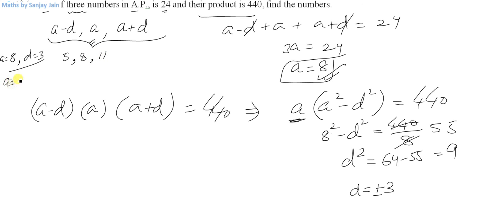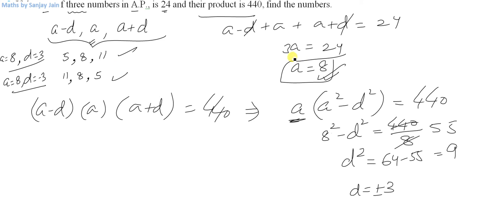If I take d equal to minus 3, what will be the AP? So I have got two answers, right? A minus d, 8 minus minus 3, it will become 11. A is 8 and a plus d, so 8 minus 3, 5. In both the cases, we have got the same numbers, that are 5, 8 and 11.